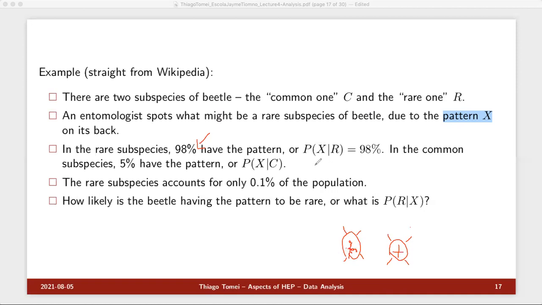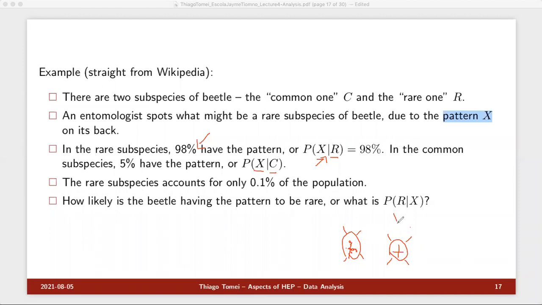So probability of X given R is 98%. Probability of having the pattern given that you are in the rare subspecies is 98%. Probability of having the pattern given that it is the common subspecies is 5%. Now, the rare species is only 0.1%. It's really, really rare.